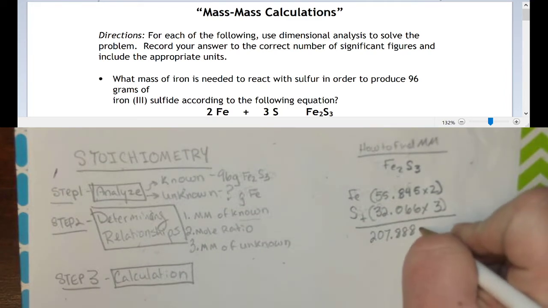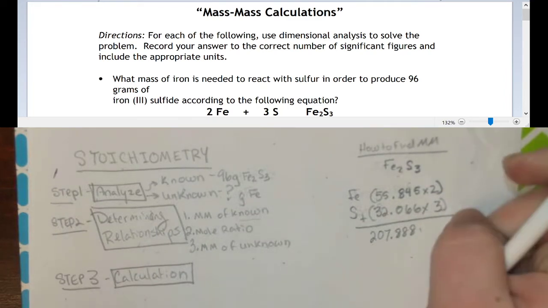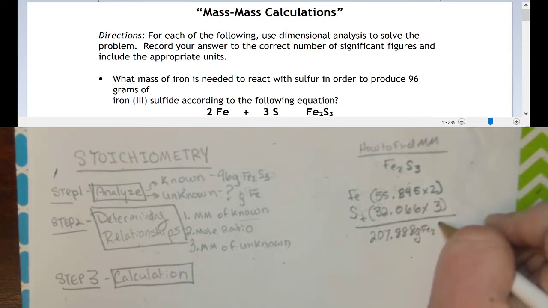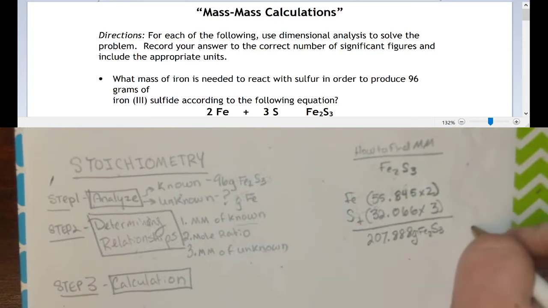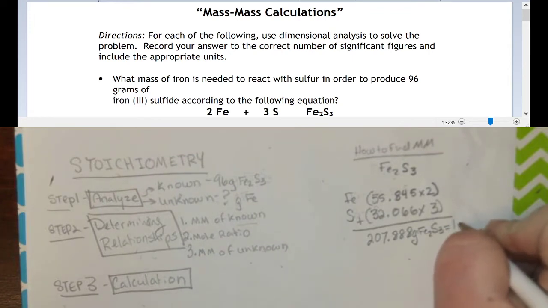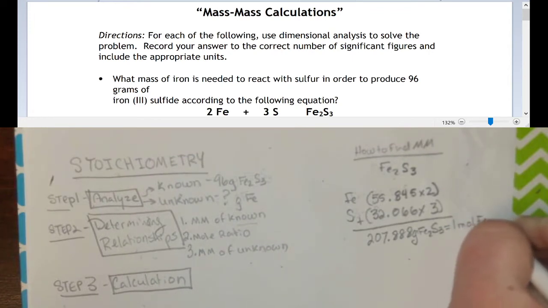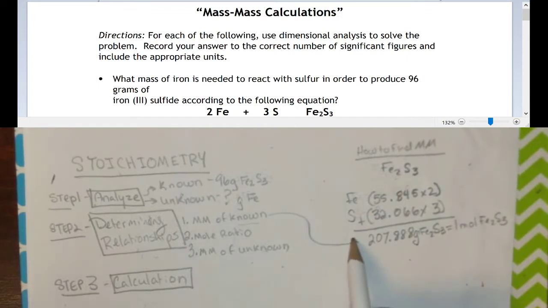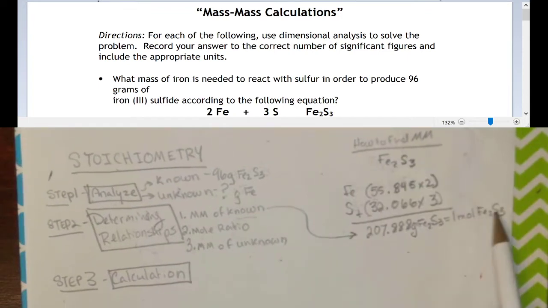And that's going to be your grams of Fe2S3 equal to 1 mole of Fe2S3. Now note, that's our molar mass right here. So we're going to come back and use this relationship as we get to our calculation phase.